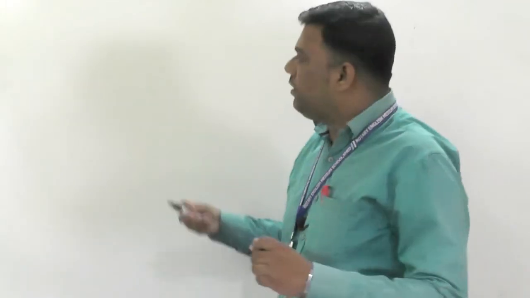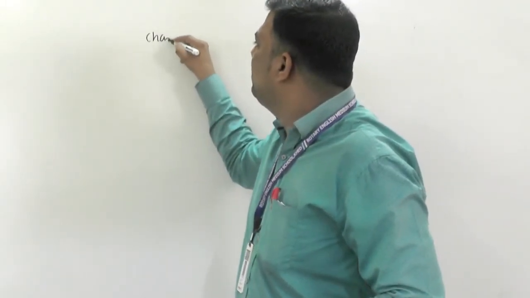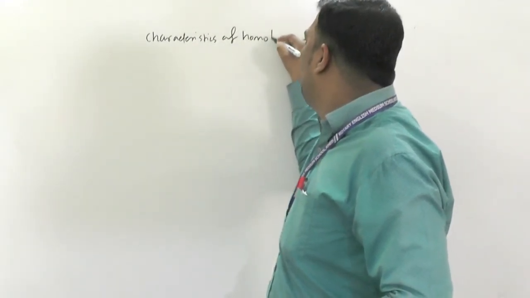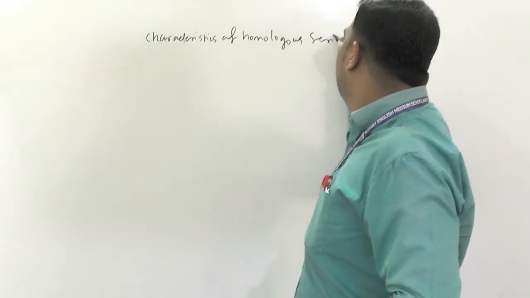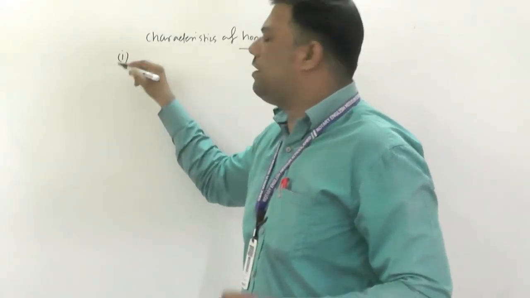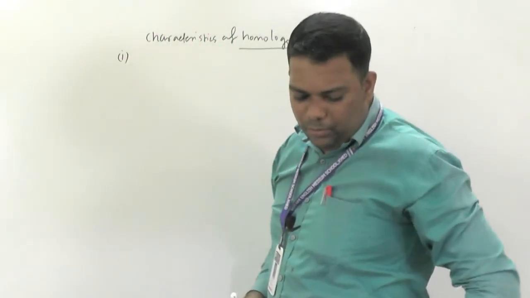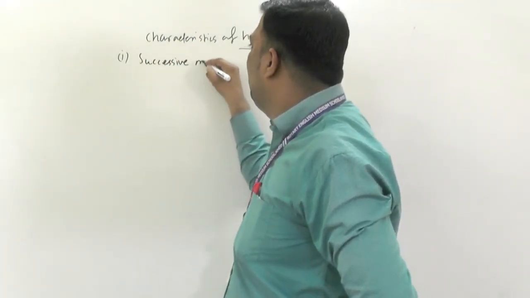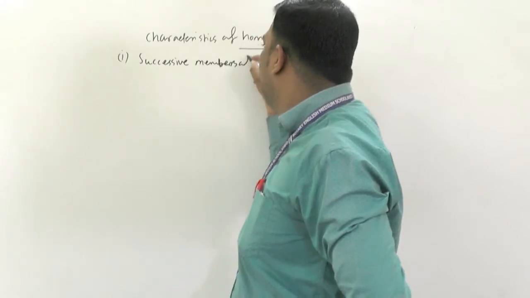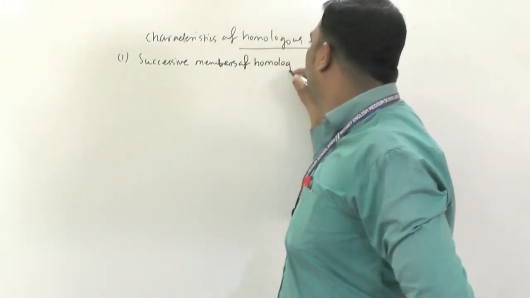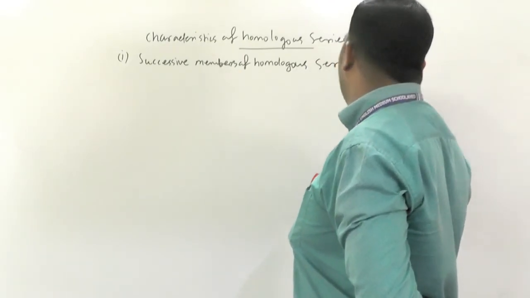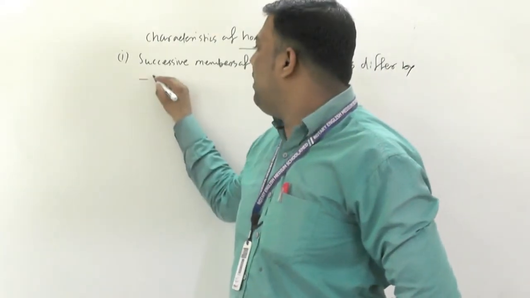First characteristic: successive members of a homologous series differ by a CH2 group, having a molecular weight difference of 14 u.